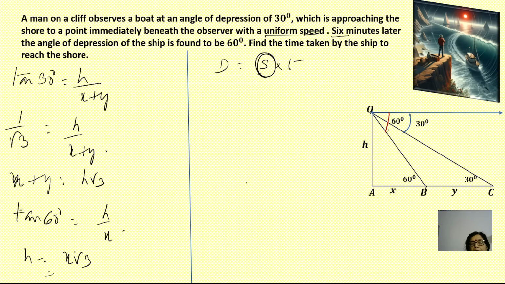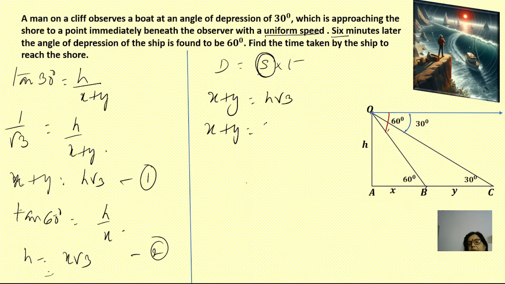Now if we take the first equation and substitute the value of H, that is X plus Y is equal to H root 3, and here if I substitute the value of H as X root 3, I get X plus Y is equal to X root 3 into root 3. So X plus Y will become 3X. That means Y is equal to 2X. So this means we have taken the distances as X and Y, and this distance BC is twice the distance AB.